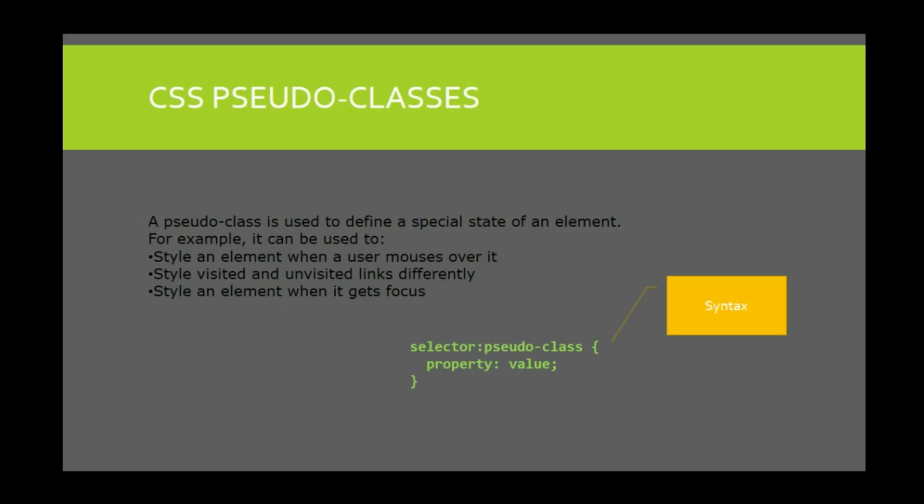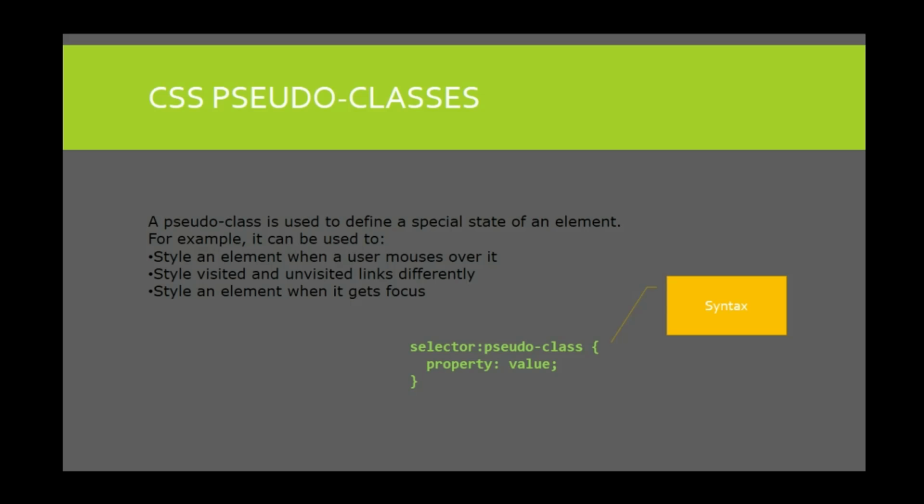Okay, the next one we have is CSS pseudo classes. This is used to define a special state of an element. For example, it can be used to style an element when a user mouses over it. It relates to events when we browse the website.